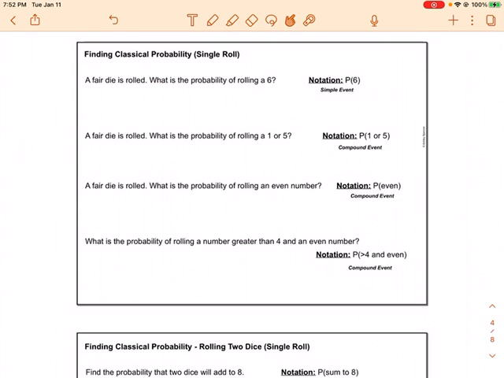Okay, so we do a single die. Probability of a 6. Well, 6 is only on the die once, but there are 6 possibilities: 1, 2, 3, 4, 5, 6. Okay, what about probability of 1 or 5?